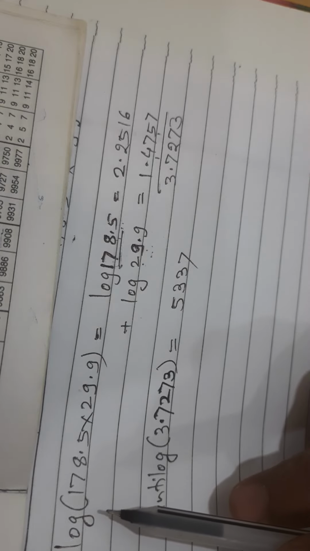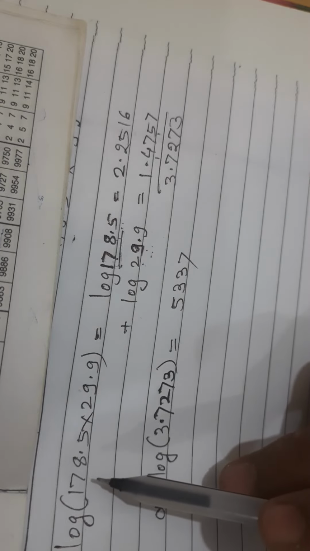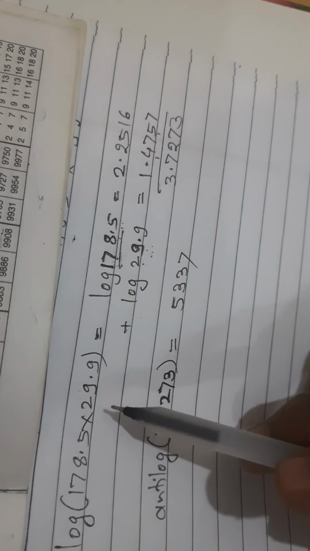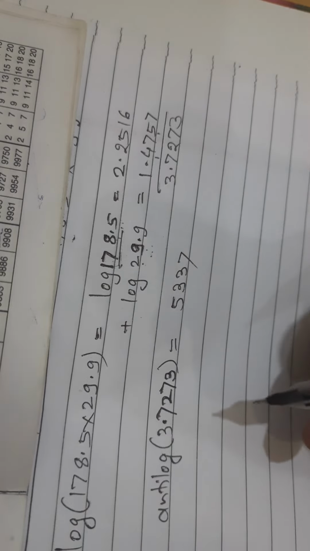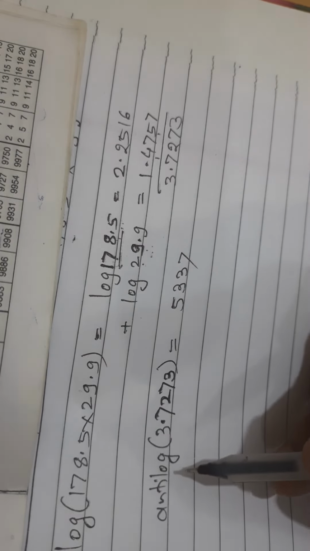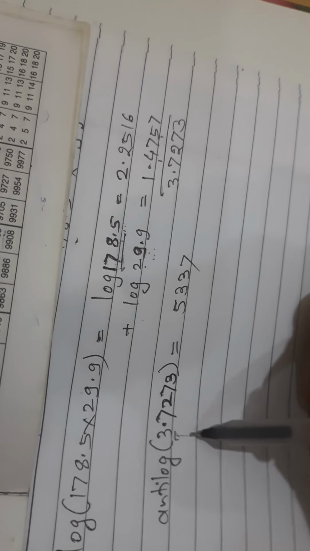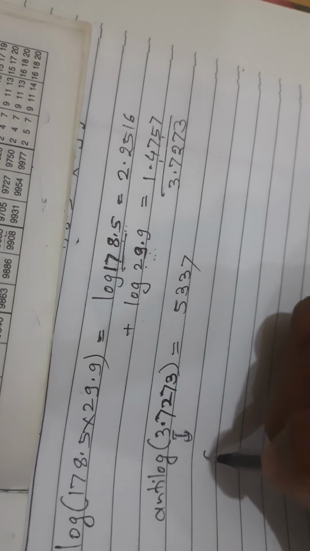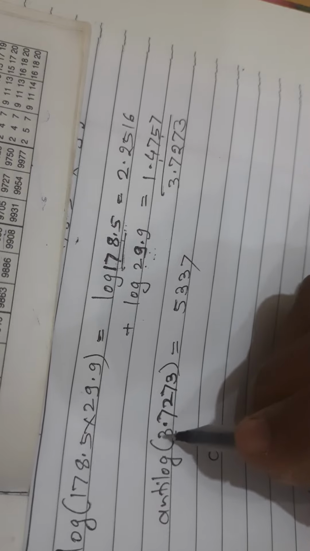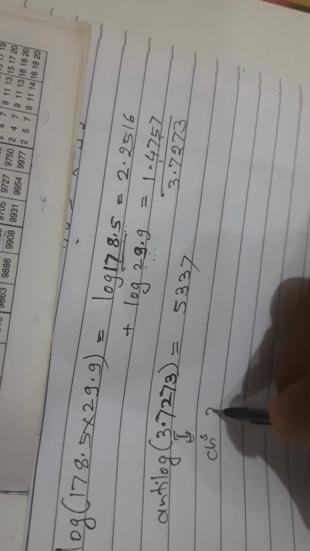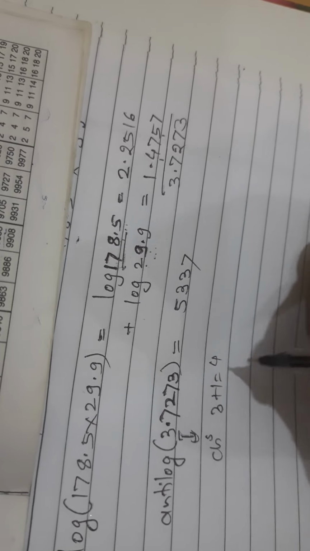In log, how do we give the characteristic? n minus 1 for the integral part and n plus 1 for the decimal part. Now in antilog we have to give the decimal point. The characteristic here is 3. Add 1 to the characteristic, then 3 plus 1 is equal to 4.